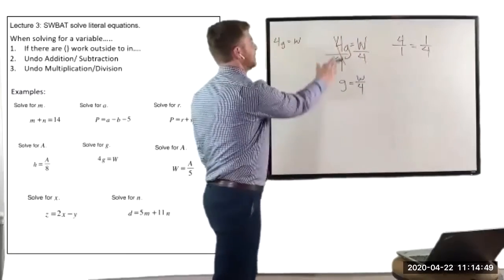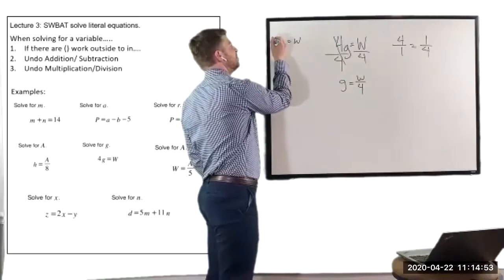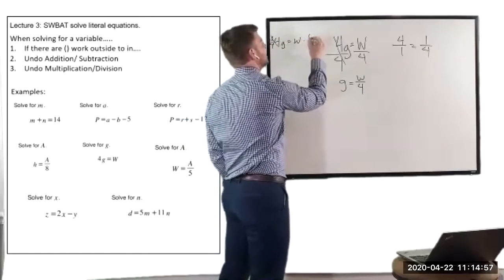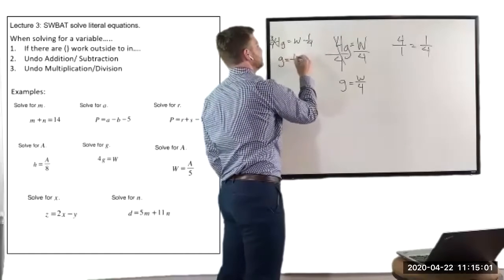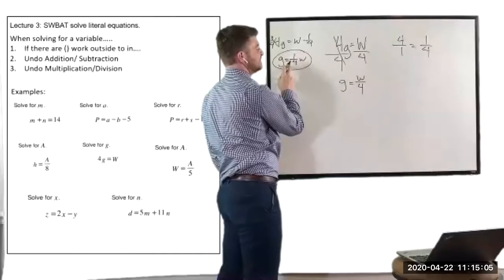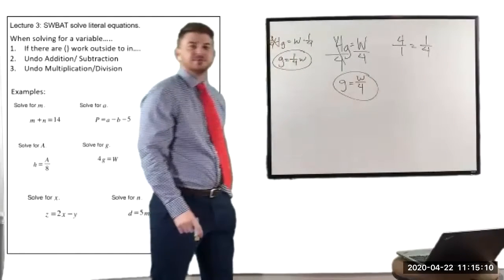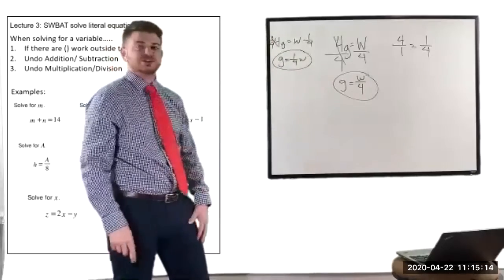So instead of dividing both sides by 4, what we could do is multiply both sides by 1/4, and that would cancel out the 4. So G would also be equal to 1/4 W. 1/4 W is the same thing as W divided by 4. So there's two different ways that you can think of it and two different ways that you could write your answer.